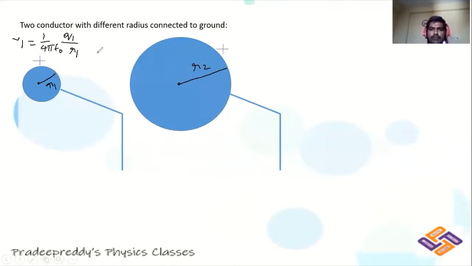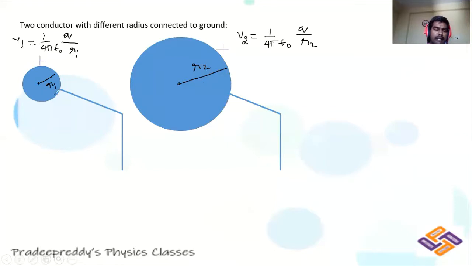That is the potential of that conductor. Next, coming to the second one, as it has radius R2, it has some potential V2, which is equal to 1 by 4 pi epsilon naught, and if I consider the same charge Q on both the conductors, then Q divided by R2.